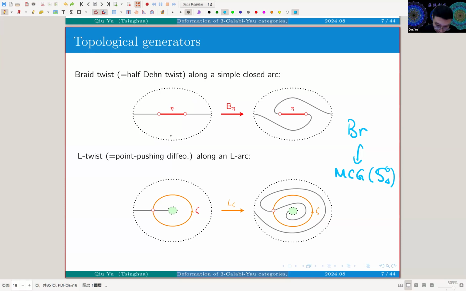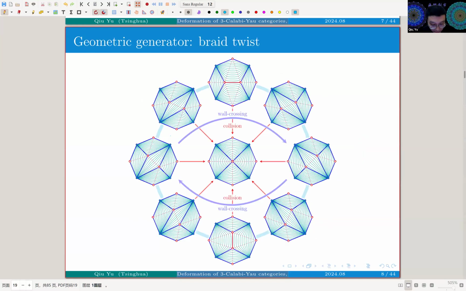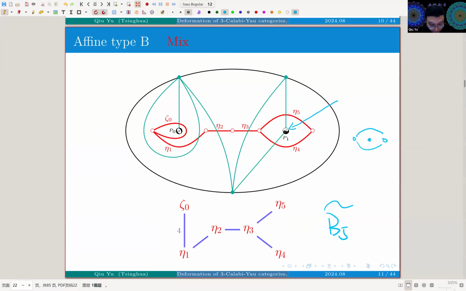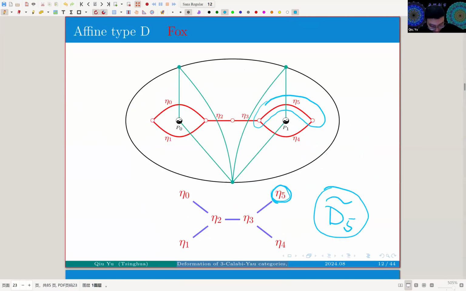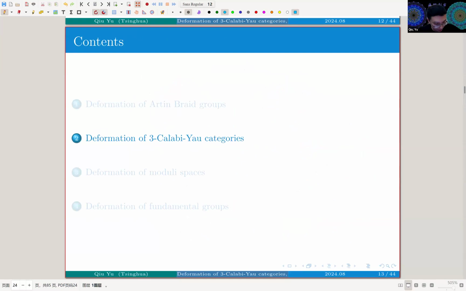For each arc whose endpoints coincide, we call it an L twist along that arc. Then we want to use this type of symmetry of the surface to realize the braid group. That's just a combinatorial game at the moment, and I haven't proved anything, but let's see.